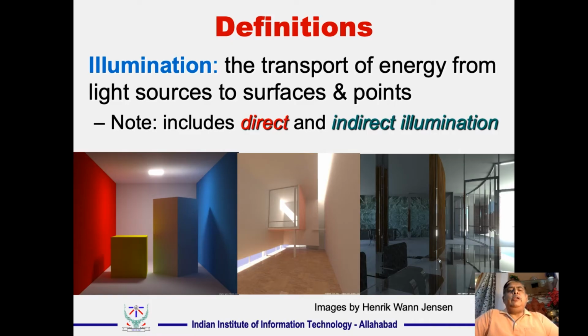Definitions: illumination, the transport of energy from light source to the surface and points. Note: it includes direct and indirect illumination. What I mean by direct illumination is the light falling directly from it or emitting.